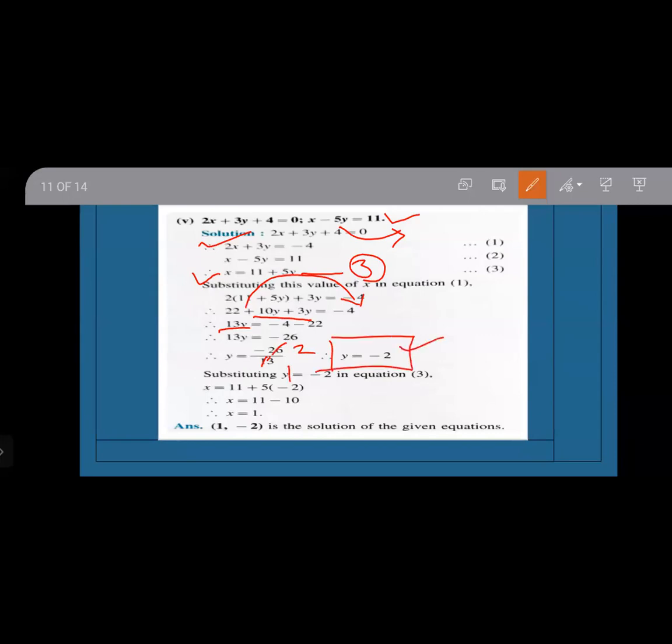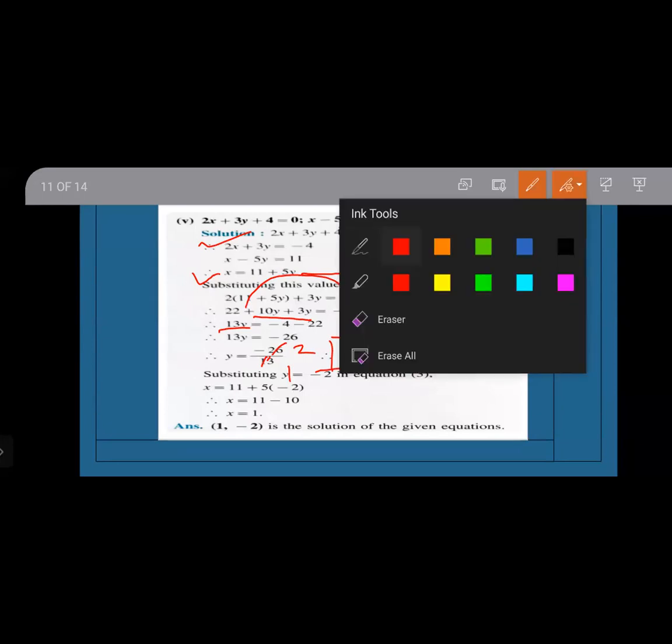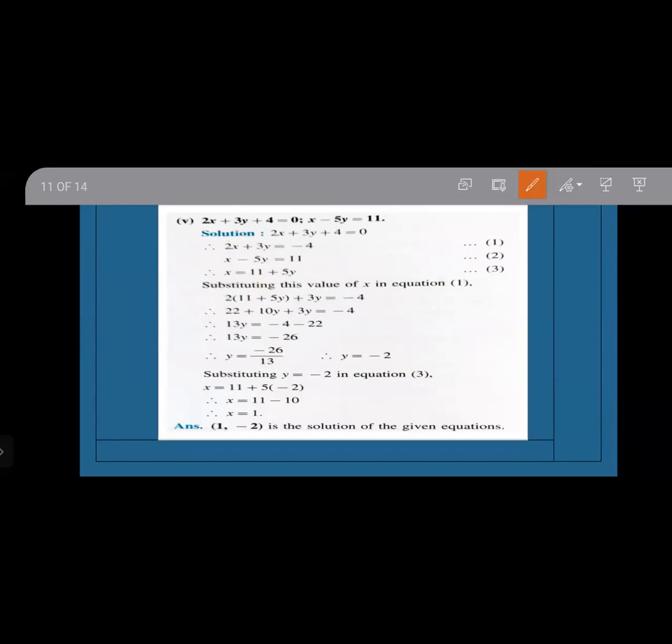Now this y you can substitute in equation 1, equation 2, or equation 3. So I will substitute in equation 3, that is the third one. So x is equal to 11 plus 5 into minus 2. 5 into minus 2 will be minus 10. So x is equal to 11 minus 10, which is equal to 1.